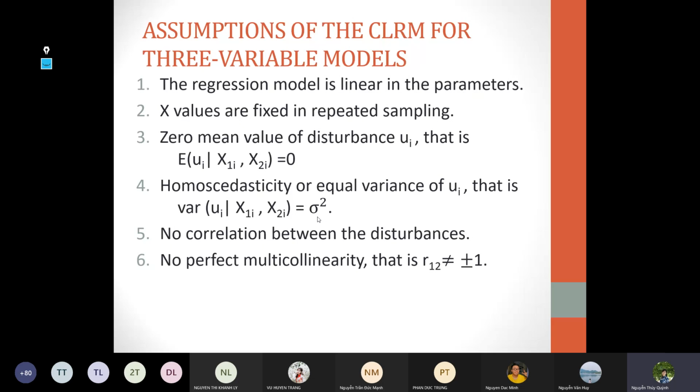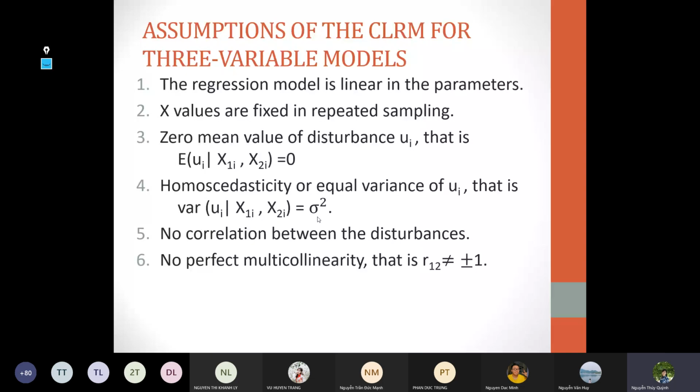And our assumption here is that there's no perfect multicollinearity in the model. It means that we do not have perfect correlation between the independent variables.